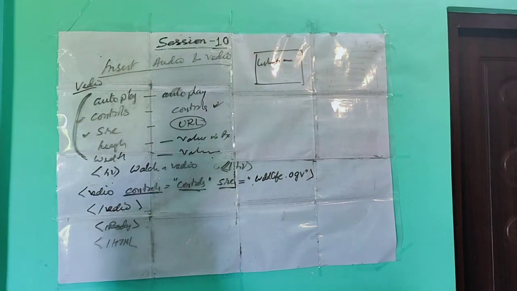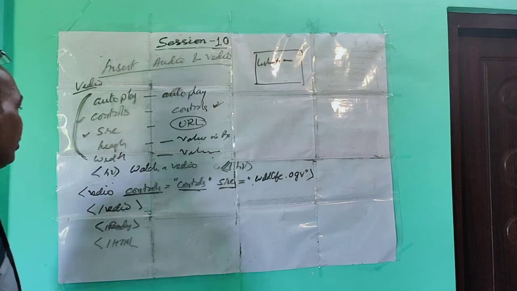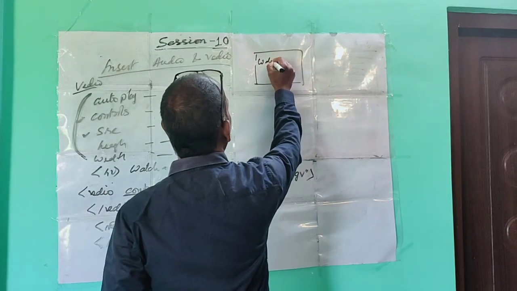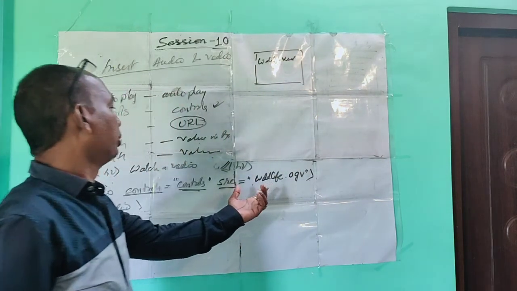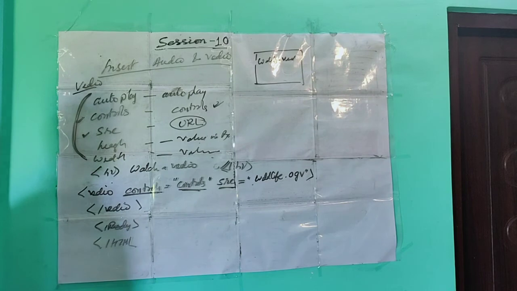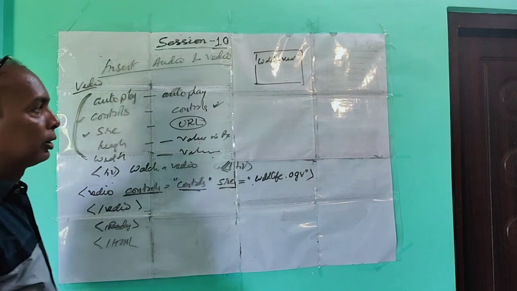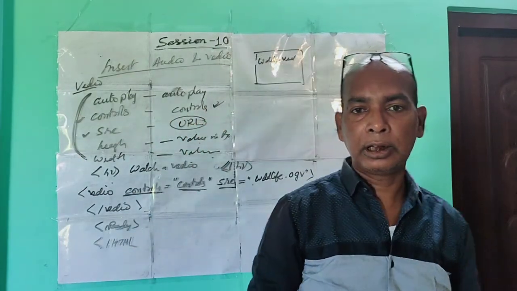So this is the tag we use for the video. Very simple. So here you get one line, Watch Video, and click it, you will get one video. So in this way, you can insert audio and video in our HTML5 document. So in our next class, we go for the frames. Okay, thank you.